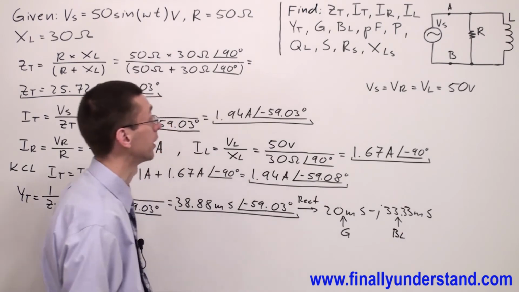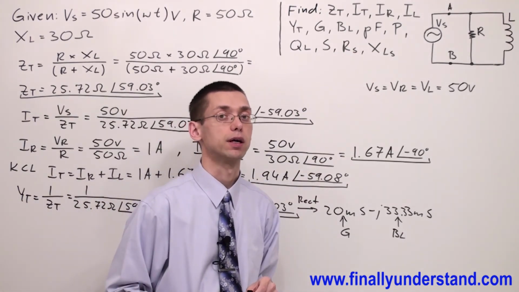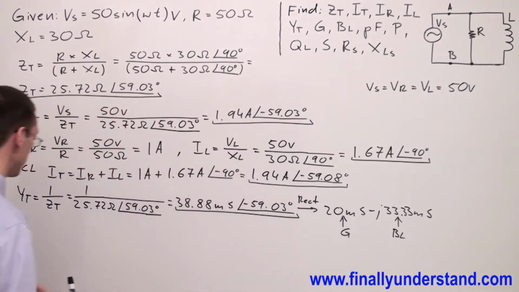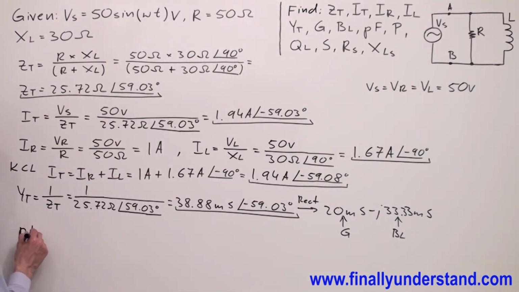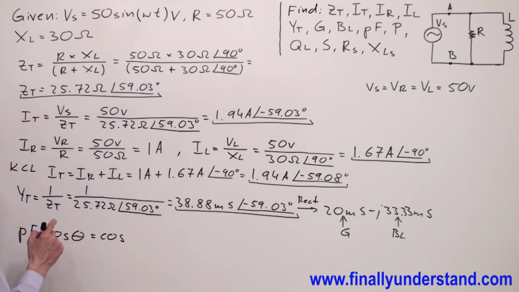Okay. Next, we're supposed to find the power factor. The formula for power factor says power factor is equal to cosine of angle theta, which is equal to cosine of the angle next to Z total.